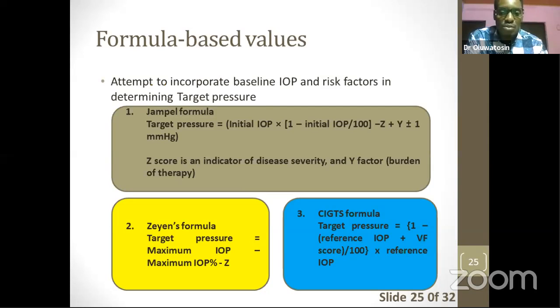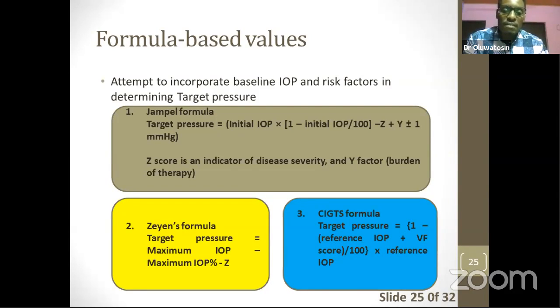I also saw 0 to 3. And these scores are actually more like the classification of the disease. For the one for 0 to 5, we have 0, which is for glaucoma suspect with low risk.